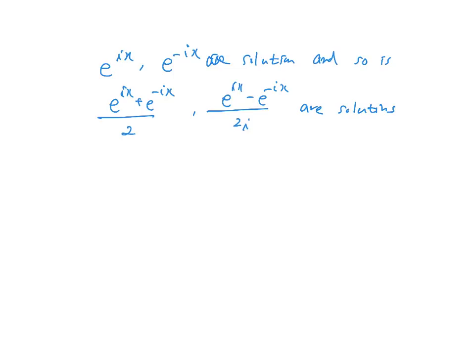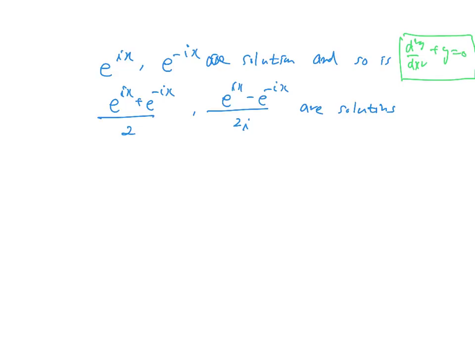So our differential equation is this: d squared y over dx squared plus y equals 0. Exponential ix and exponential minus ix are solutions of this equation. Then, according to our previous experience, their combination is also a solution, right?